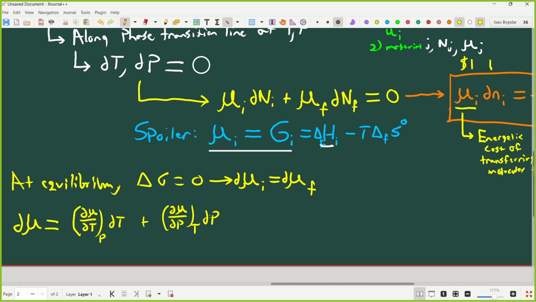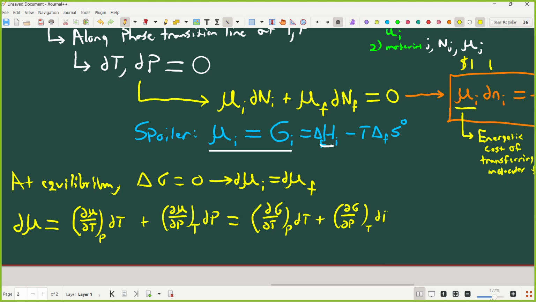But what did I just write above in my spoiler? That mu is the same as the Gibbs energy. So this is equal to dG/dT at constant P times dT plus dG/dP at constant T, dP.